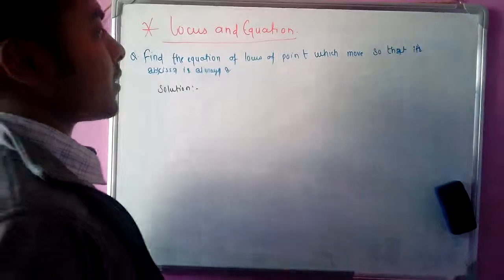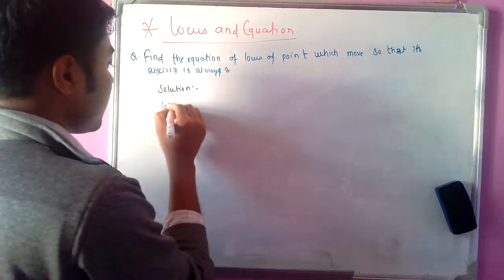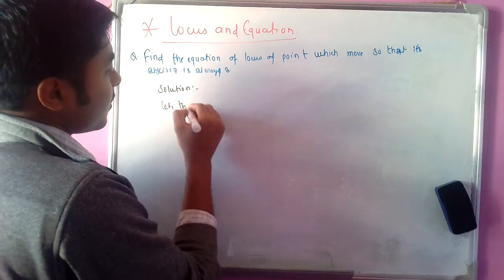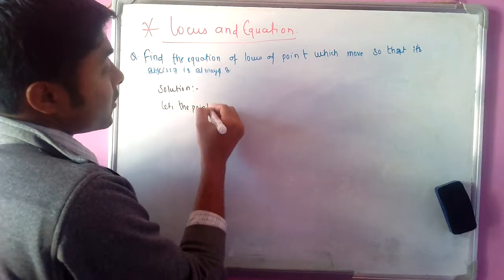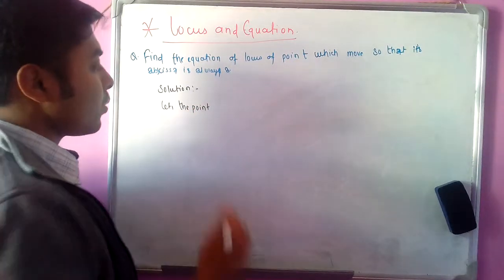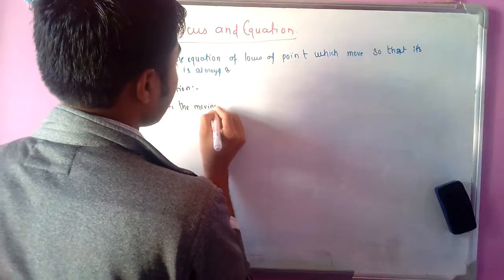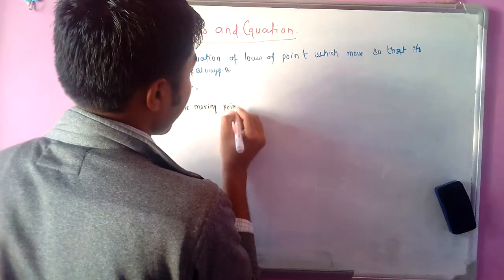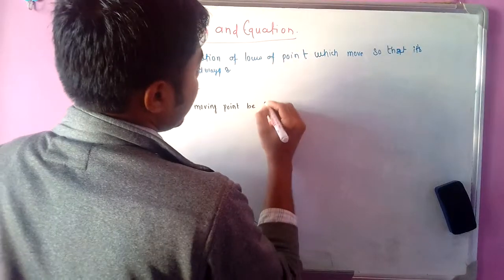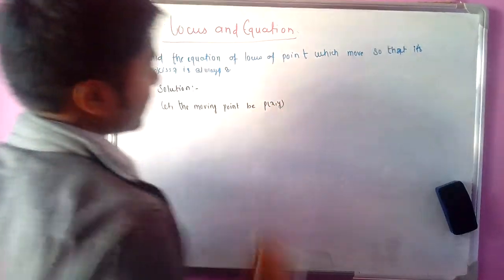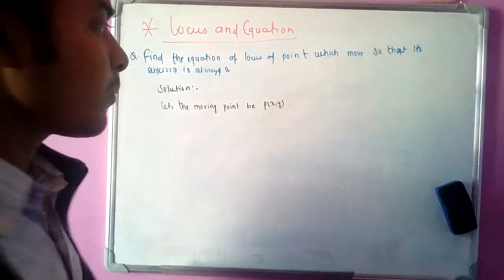Find the equation of the locus of a point. Let this moving point be P(x, y). This is our required moving point.